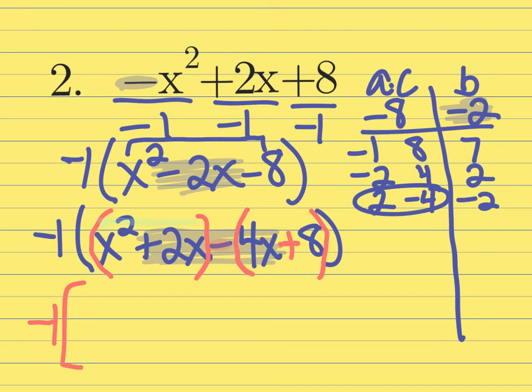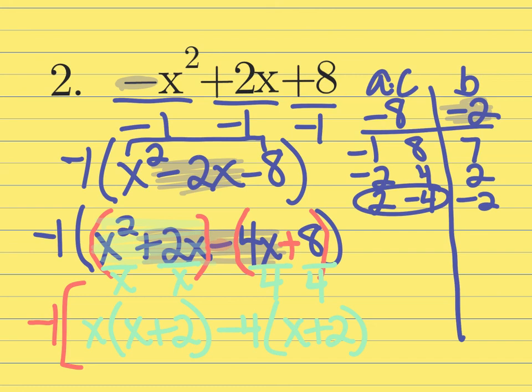This x squared plus 2x, they have an x in common. So I'm going to factor an x out. That leaves me x plus 2. I'm going to bring down my minus, and then these have a 4 in common, which will be -4, and then it'll be x plus 2.